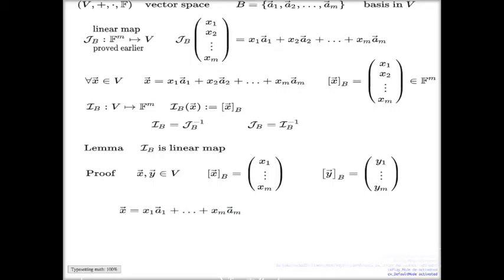X has a representation like that, and Y has a representation like that.